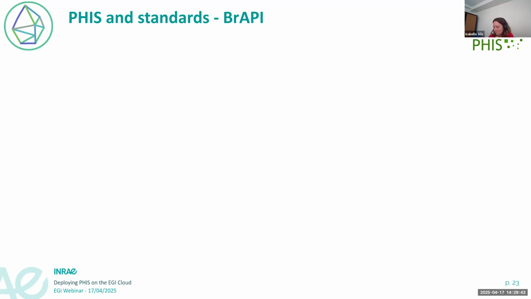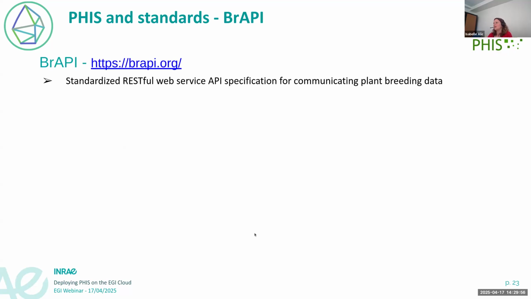So let's start with the Breeding API. What is it? It's a standard specification, and you have the link to the website if you want to learn more. It allows you to develop your own API, aligned to the specification that is used in the community of plant breeding data.